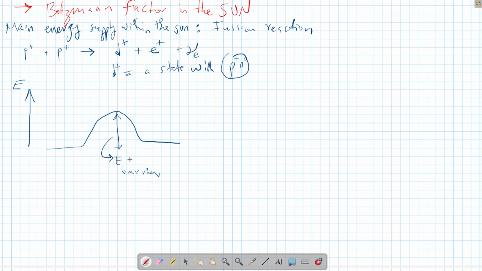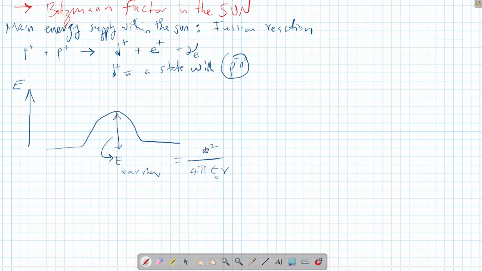These two protons coming together experience a potential energy barrier, which in electromagnetism is e squared divided by 4 pi epsilon naught times r.